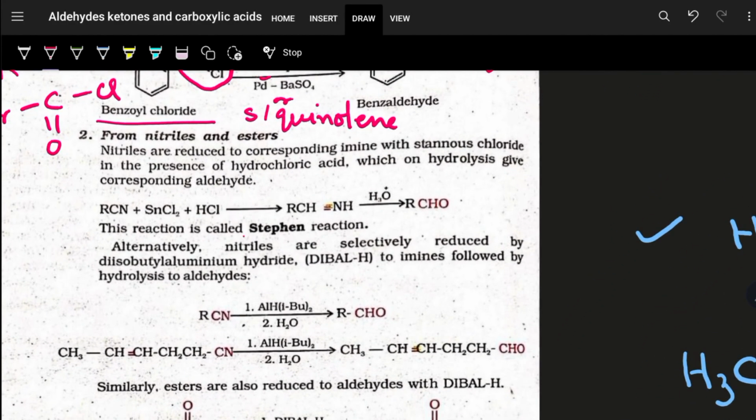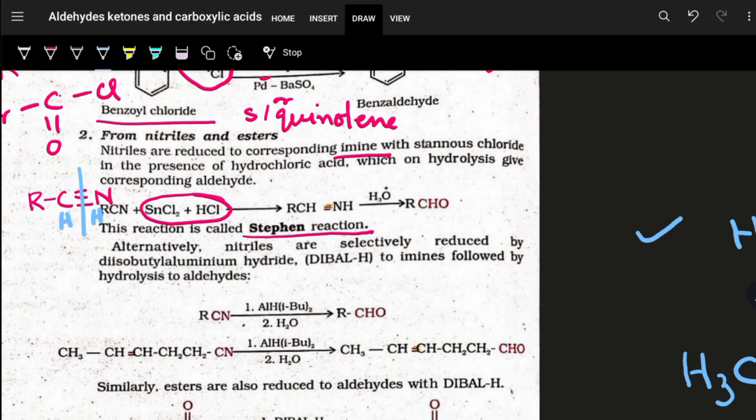Next is another name reaction, which is a Stephen reaction from nitriles or cyanides. RCN can be written in this manner, RC triple bonded N. Now this is getting reduced to corresponding imine in presence of SnCl2 and HCl. Take it in this manner that both the sides of C and N, H is getting added.